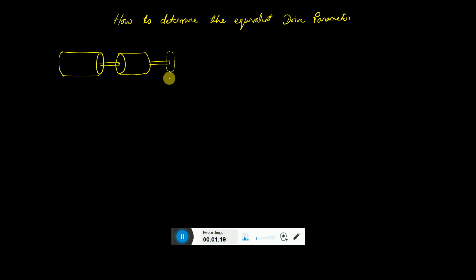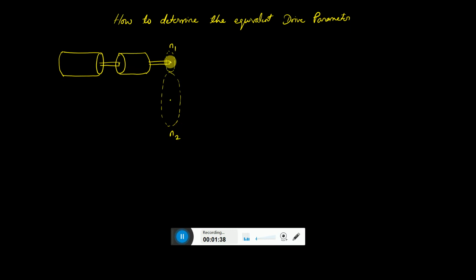So there is a gear over here, another gear is at this place. From the size you can see that the number of teeth in the small one is obviously very less, N1, and the number of teeth of the bigger one is N2.